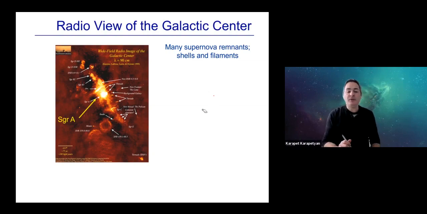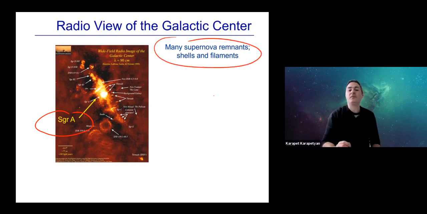All right. So anyway, if we look toward the center of the galaxy, toward Sagittarius, what we see is basically many supernova remnants and shells and filaments. Remember, supernova remnants means that there's either a neutron star, or the star exploded and pretty much disappeared, just a little raw material here and there.